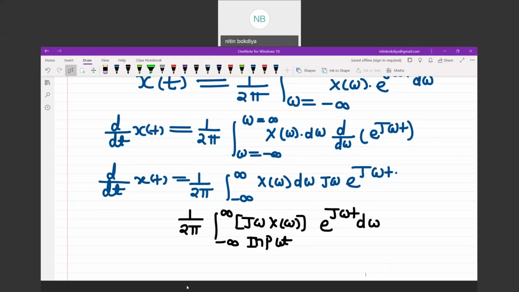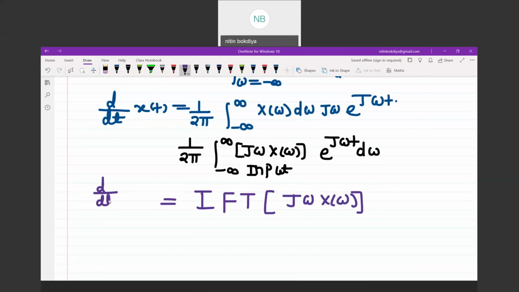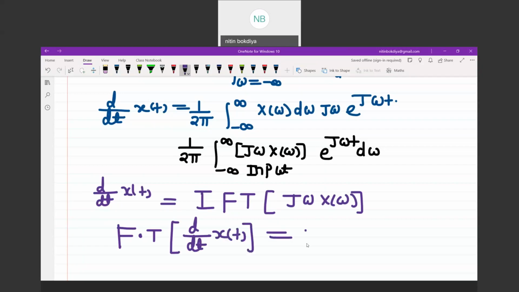So can I say this is nothing but the inverse Fourier transform of j omega into x of omega. And if this is d by dt of x of t, so I can say the Fourier transform of d by dt of x of t is equivalent to j omega into x of omega.